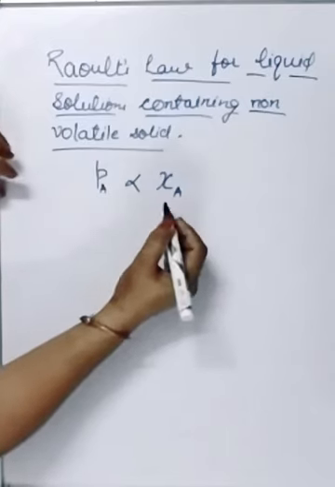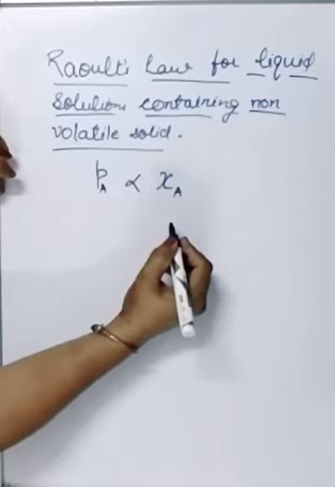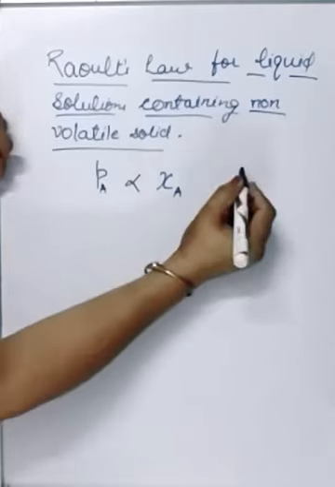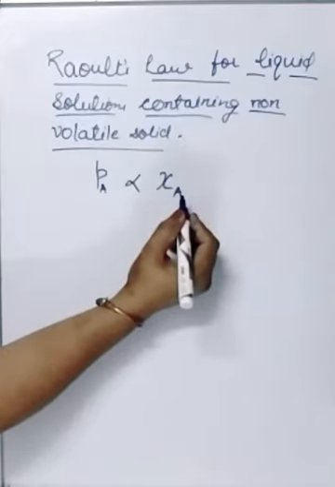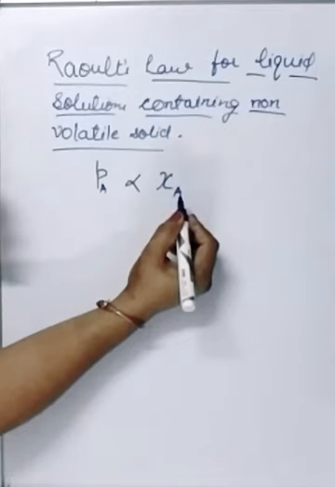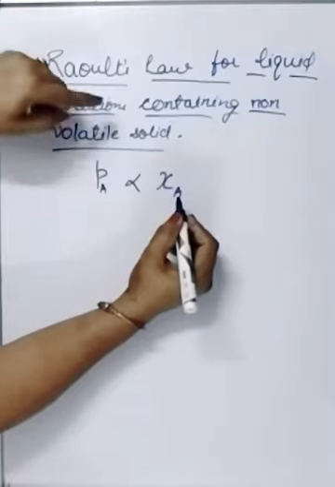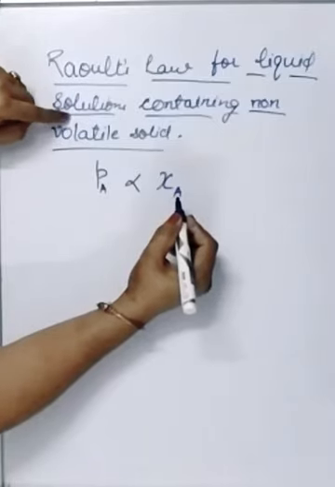Another thing, that vapor pressure of a liquid solution containing non-volatile solute is only due to vapor pressure of volatile component, that is solvent, because here solute is non-volatile.